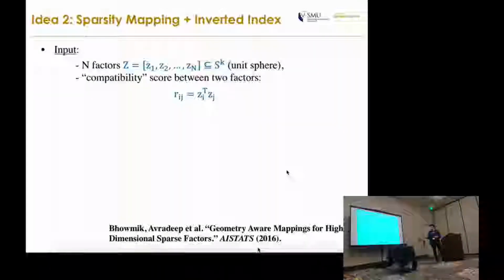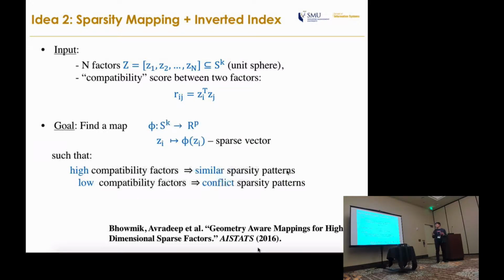The idea was proposed by Pahomik and Avradip in AI Stats 2016 in their paper on geometry-aware mappings for high-dimensional sparse vectors.